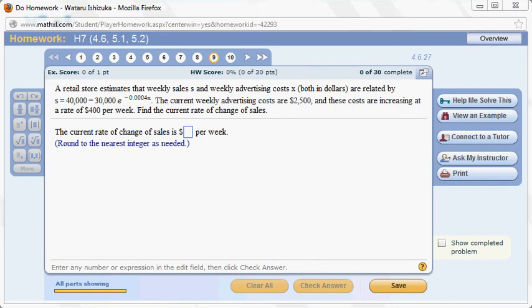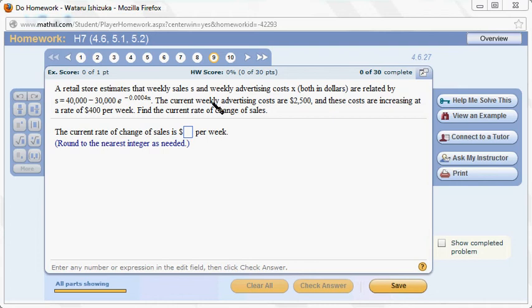Okay, let's look at homework number 7, problem number 9. It says that a retail store estimates the weekly sale S and the weekly advertising cost x are related by S equals 40,000 minus 30,000 e to the negative 0.0004x.